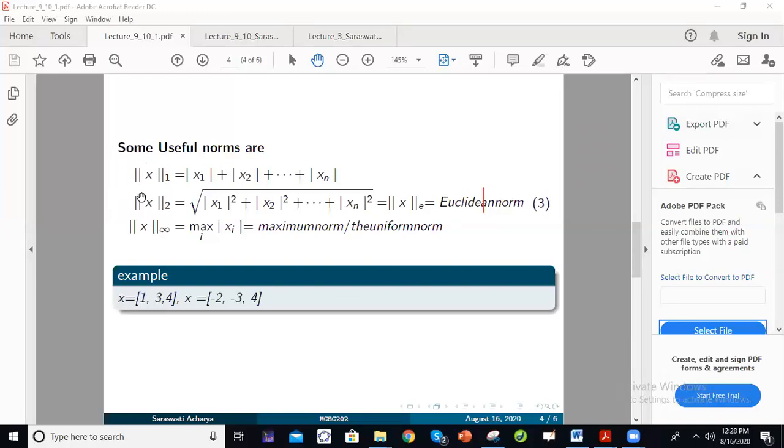For the two norm, 1 square plus 3 square plus 4 square, then the square root; we can calculate the Euclidean norm. What will be the maximum norm or uniform norm? The maximum of the absolute of xi, the maximum element: absolute of 1, absolute of 3, absolute of 4. Which one is correct?